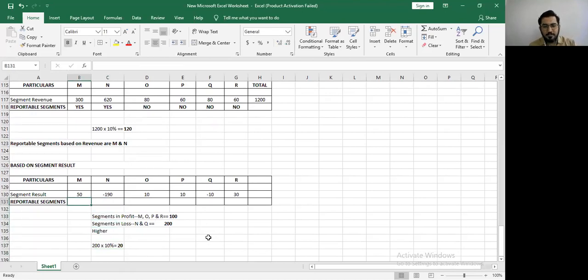Based on this, tell me, is segment M reportable? You need 20. In segment M, we have 50 as our result. Yes, this is reportable. What about segment N? Is segment N reportable?